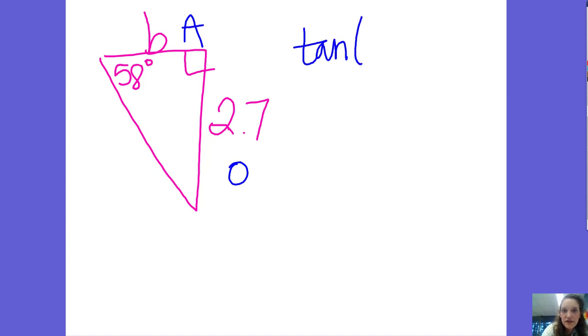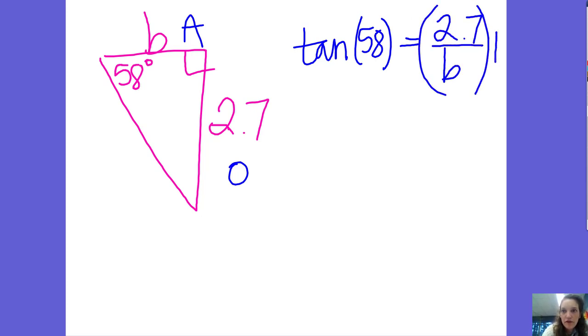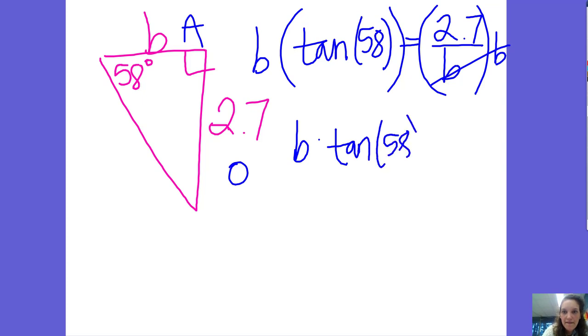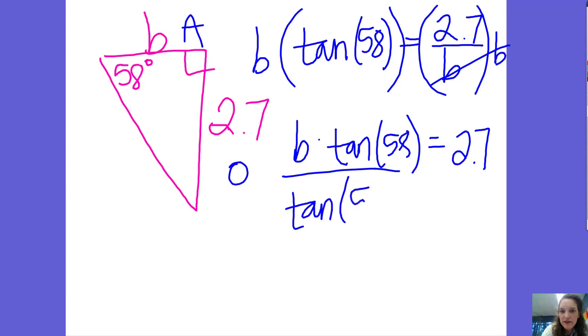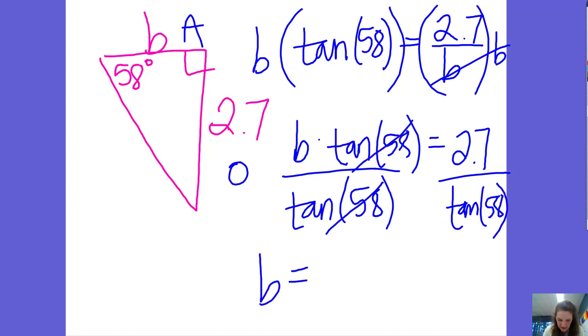So tangent of 58 is going to be opposite over adjacent equals 2.7 over B. Going to multiply both sides by B to get it out of the denominator. B times tangent of 58 equals 2.7. So I'm going to divide both sides by tangent of 58. They cancel out. And so then I type that in my calculator, making sure I'm in degree mode. And I get 1.687.